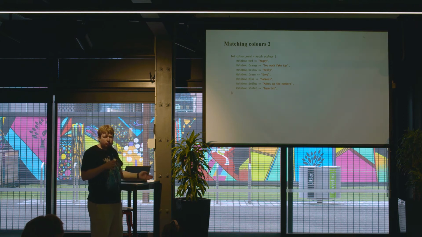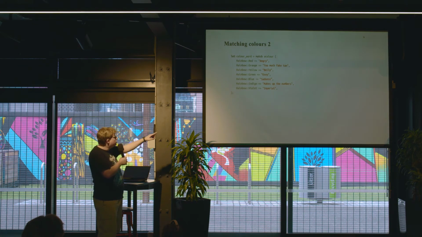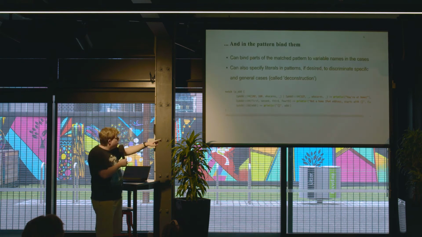You could have something like throwing a panic or returning an error in the result. And the other thing, of course, is that it goes top down to find the cases. So if you have an underscore anywhere but the very bottom case, you'll never get the things below it, because it'll always match on that and stop there. Right, but this one here is somewhat interesting.